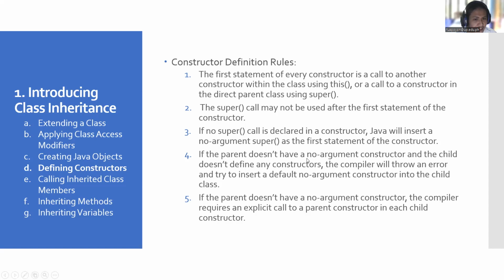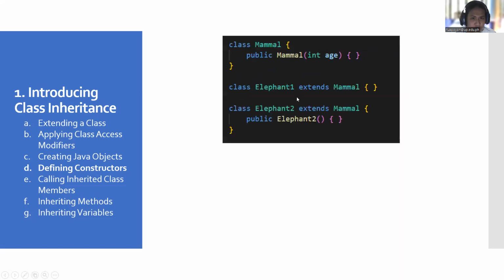The parent does not have a no argument constructor in this case, and the child does not define any constructor. So if we look at it, your parent Mammal has no no-argument constructor, because all the constructors in the Mammal class require a parameter, an argument, Mammal int age.